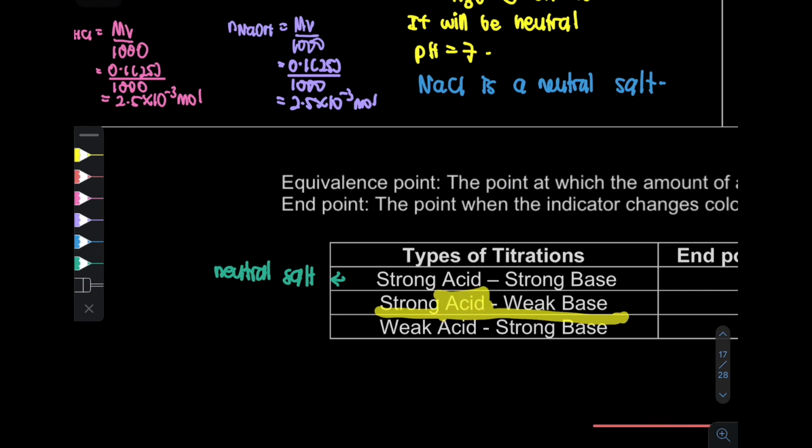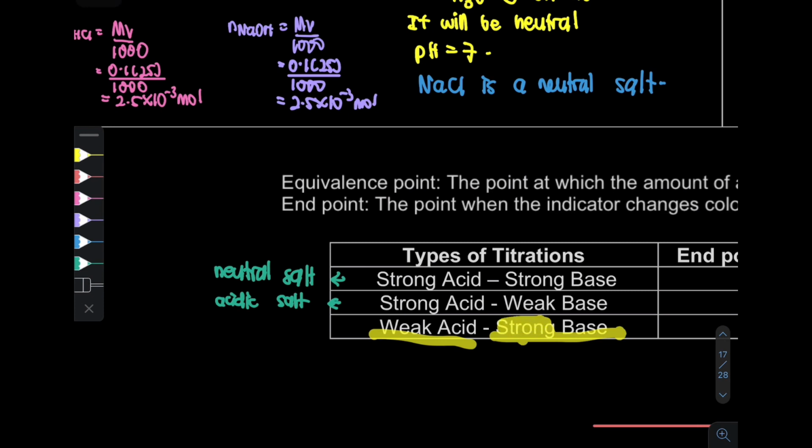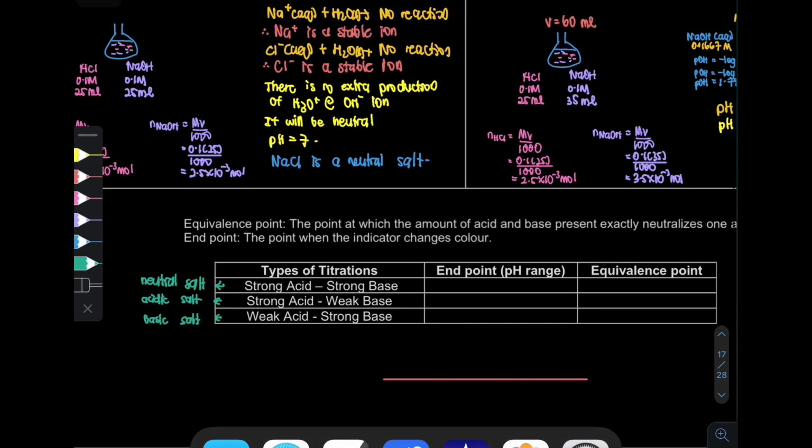So here it is strong acid, so it means that it will form an acidic salt. Okay, and then this one is weak acid, strong base. For the type of salt, we look at which one is strong. This is strong base, so this is my basic salt. Okay, this is just revision.